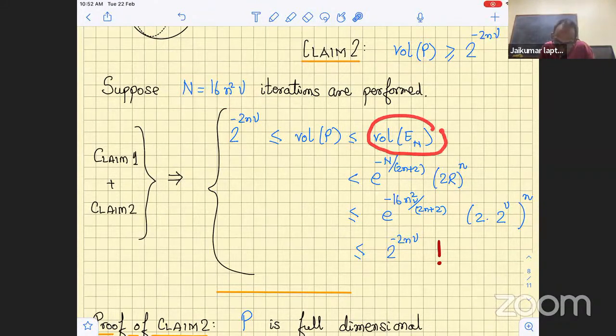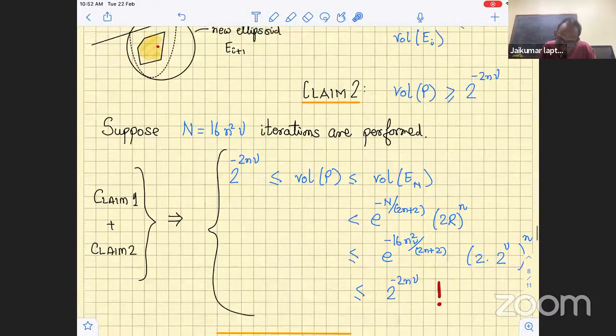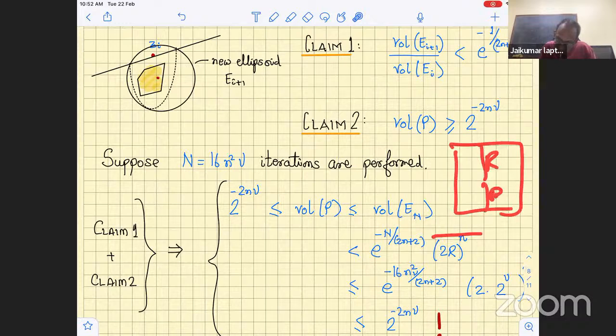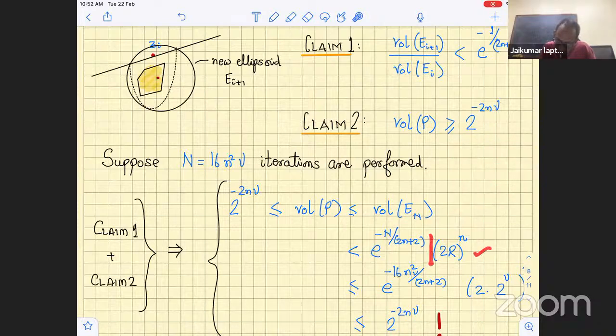The final ellipsoid that you get will have this volume where each time you are suffering this factor. The initial ellipsoid was entirely contained in a box of dimension 2r. It was actually a ball, but it was contained in a box of dimension 2r. So the volume of the initial ball was at most this much.